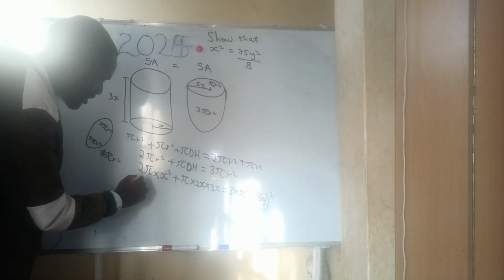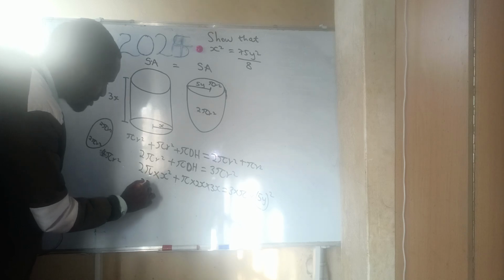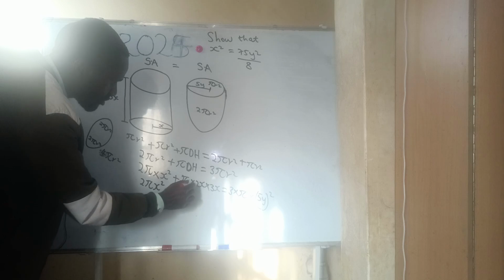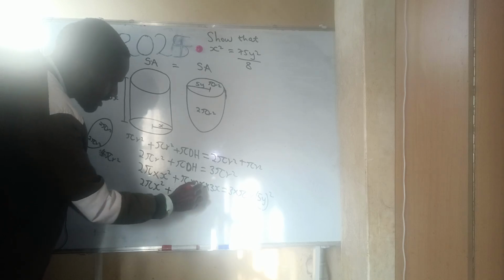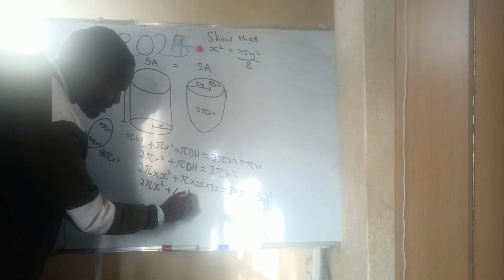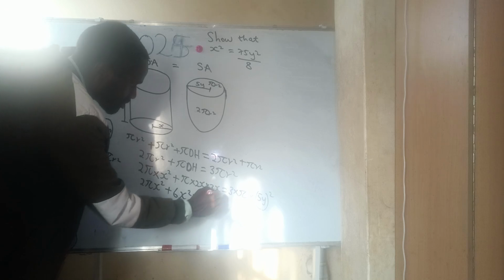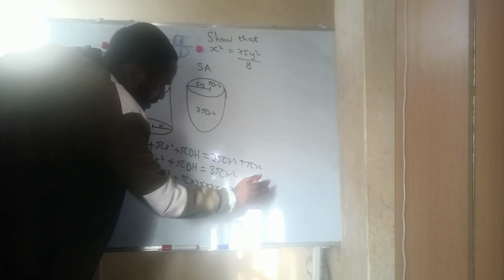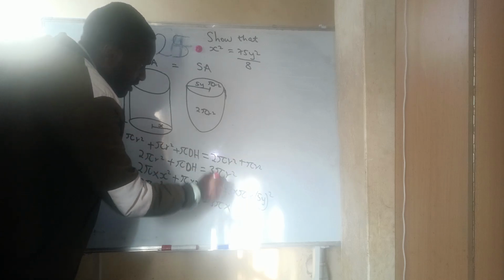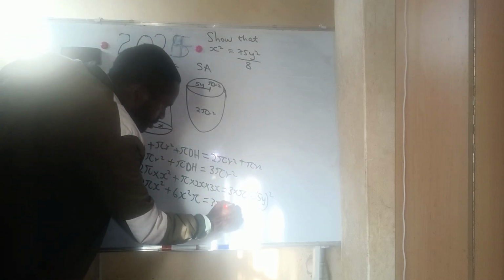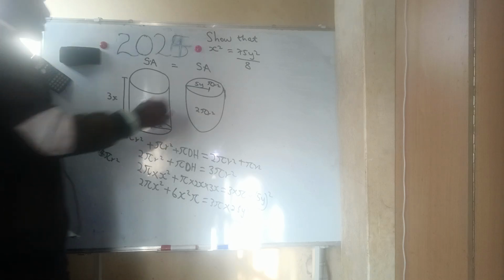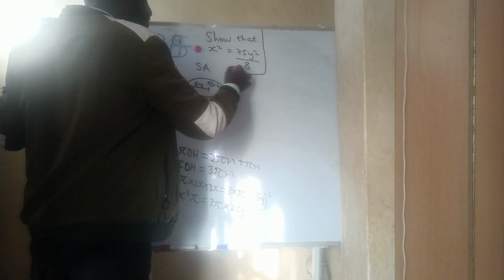So we are going to have 2 pi x squared plus, of course, 2 times 3, that is 6, then x times x, that is x squared, then pi. That will be equal to 3 pi times 5y squared, because it was r squared and our r is 5y, so we have 25y squared. We can proceed from here.